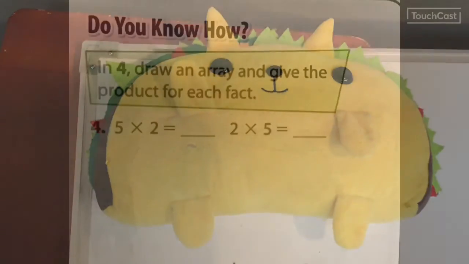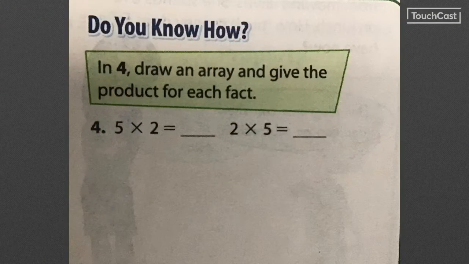That is awesome. These directions say, draw an array and give the product for each fact. So first, I'm going to draw an array for 5 times 2, 5 rows of 2. 1 row of 2, 2 rows of 2, 3 rows of 2, 4 rows of 2, 5 rows of 2.